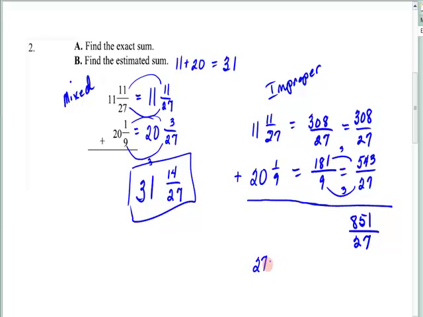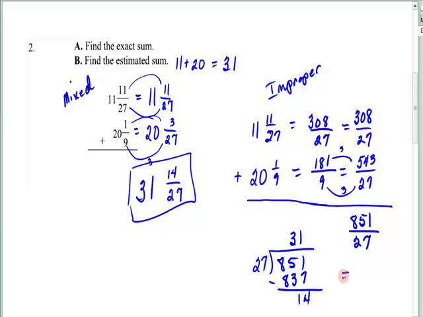So I'll divide 27 into 851. And I get 31 and a decimal, which I throw away. So now I have 31 times 27 gives me 837, and subtract, and I will get 14.